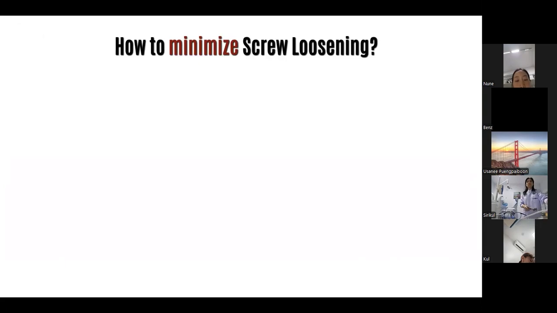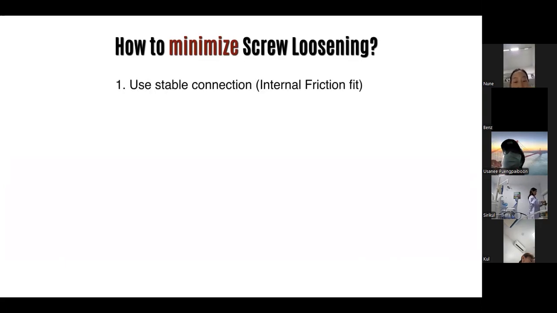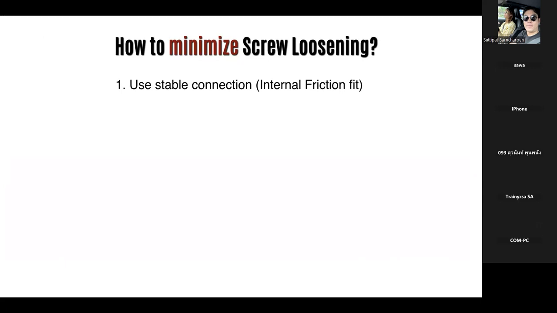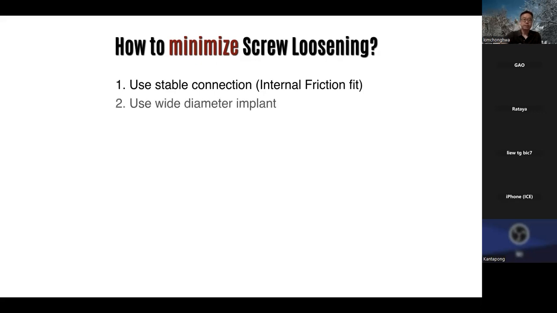Okay, next, let's change gears and talk about how we can reduce the possibility of screw loosening. How to minimize screw loosening? First one would be using a stable, stronger connection, as we just discussed. I would probably choose an internal friction type connection.